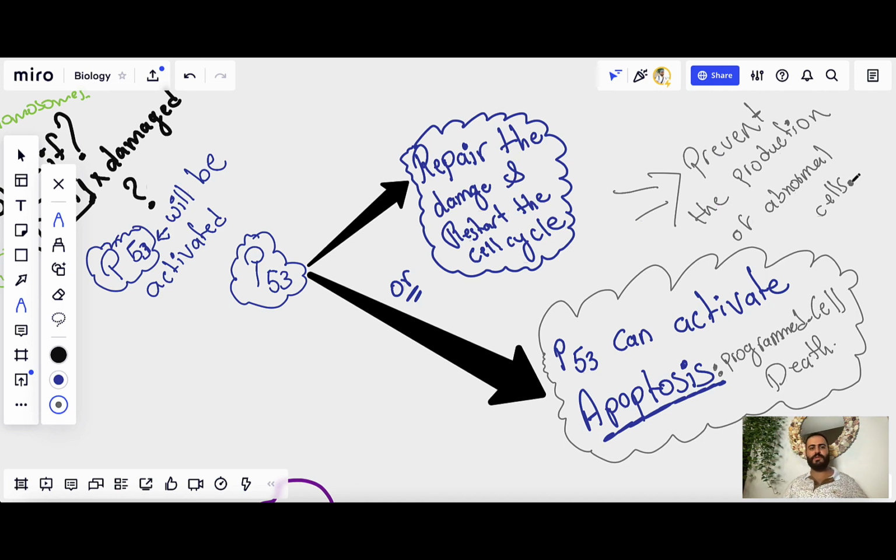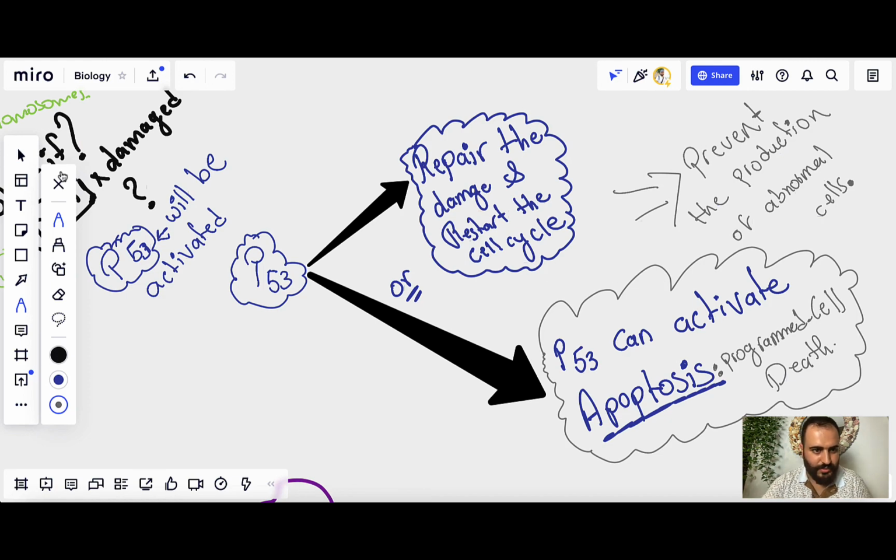This is one example of how negative regulatory proteins such as P53 can save the body from having uncontrolled cells, abnormal cells, and maybe these cells can become cancer cells.